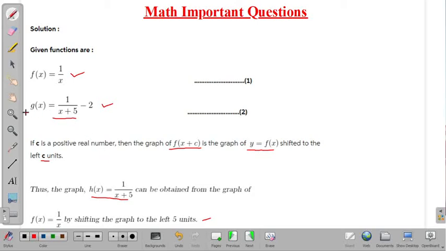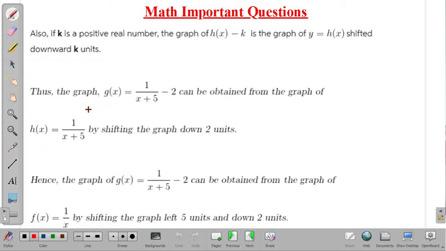Now if you see the function g(x), here g(x) = h(x) - 2, right? So h(x) - 2. Now if you see the basic graph, if k is a positive real number, then h(x) - k is the graph of y = h(x) when it is shifted downward by k units.